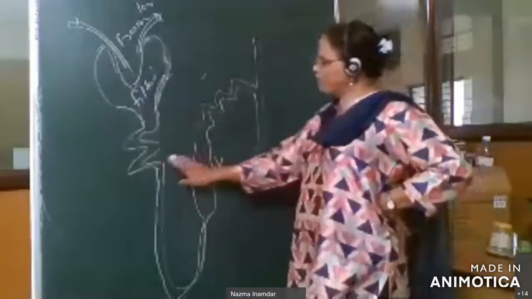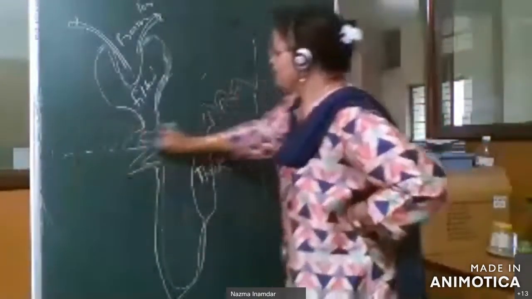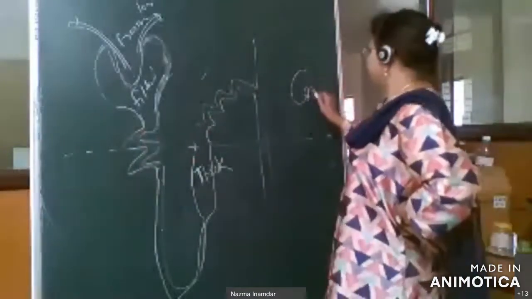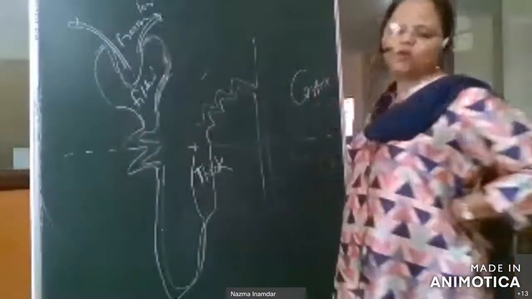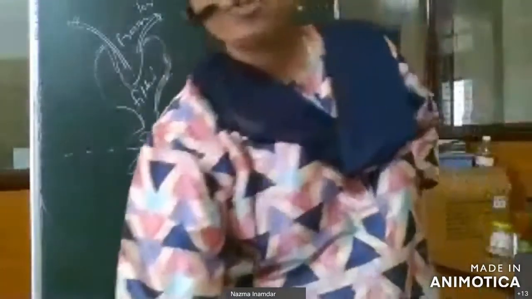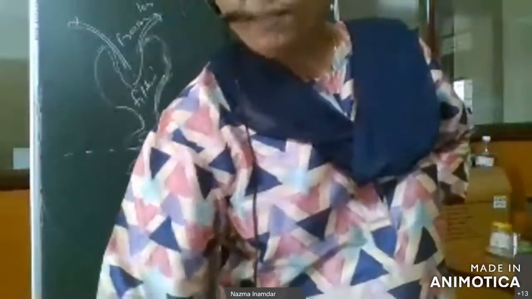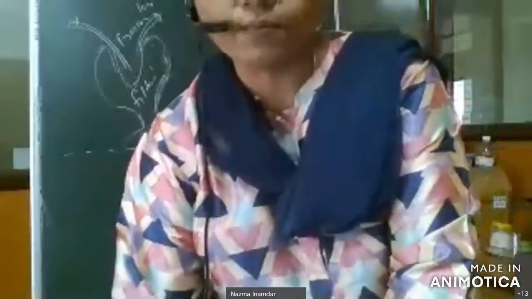Okay, this portion up to this portion is present in the cortex, so we will call it the cortical portion of the nephron, and then we have the medullary portion of the nephron.